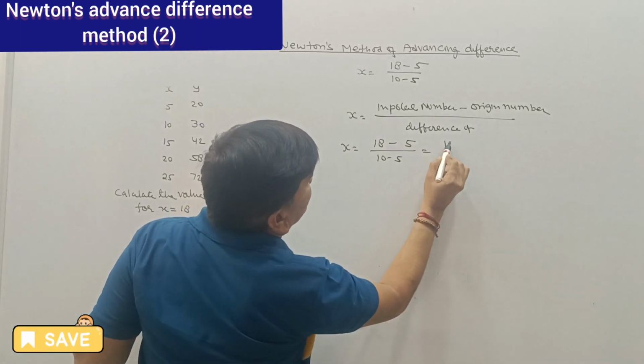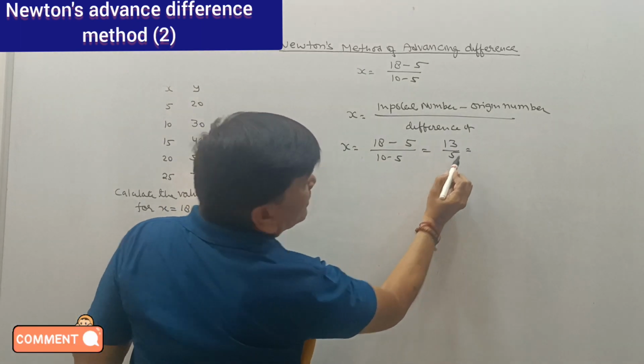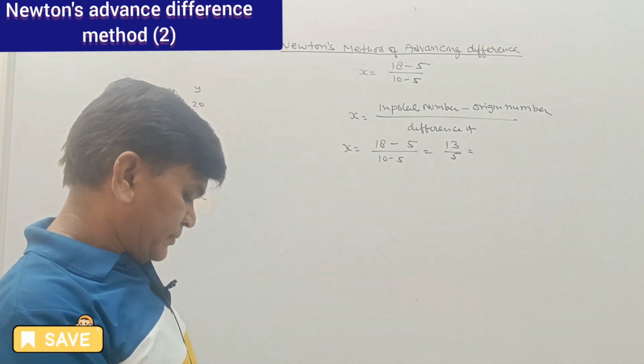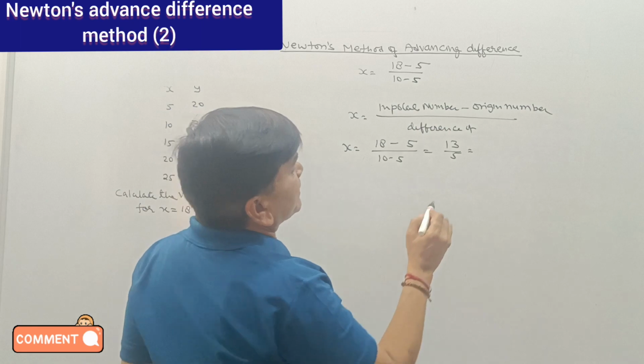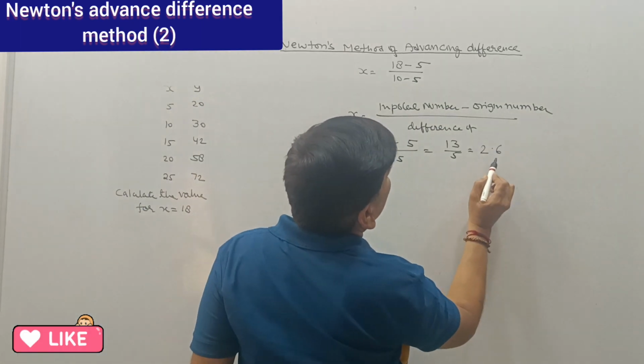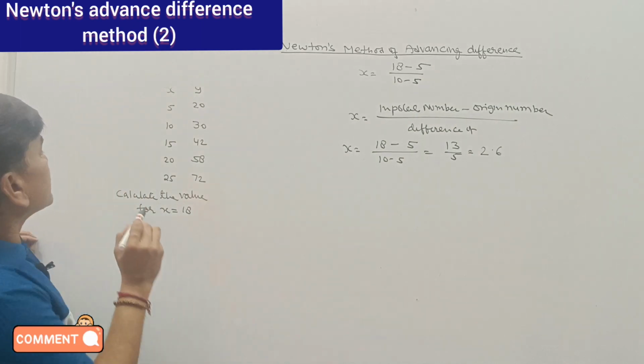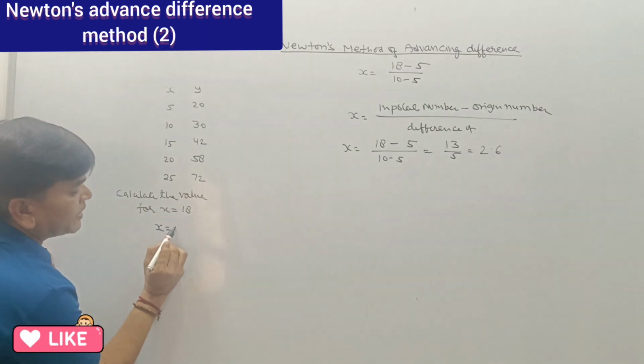So we get 13 divided by 5, that is 2.6. So the x value we have calculated is 2.6.